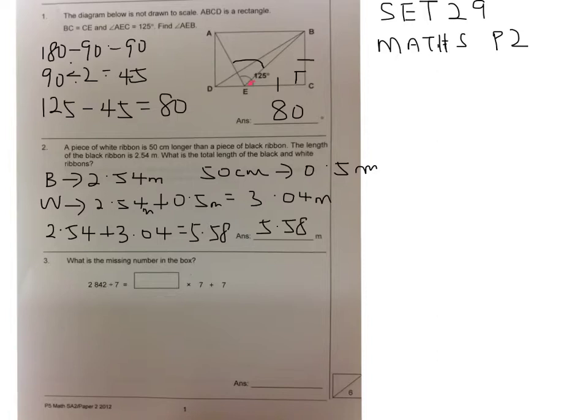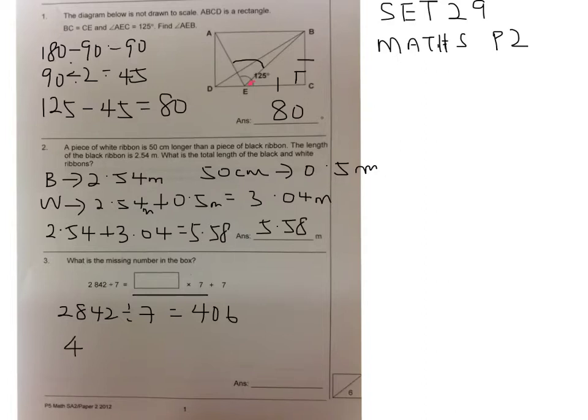Okay, use your calculator. By pressing, you get 2842. We divide by 7. You press your calculator, you will get 406. Alright, and you need to know the order of operations, you must have something, this number plus 7 to give you 406.